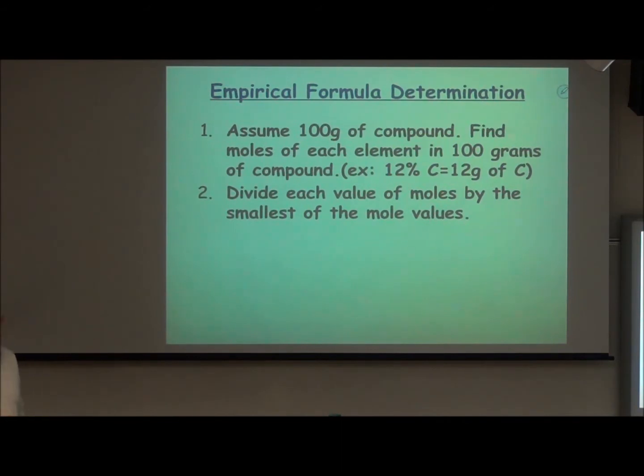The smallest of those values we're going to divide into the other values that we got. And if you're not 100% comfortable with what I'm telling you, we're going to walk through an example step by step, so you'll see these steps in action.